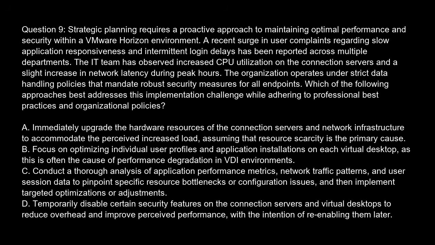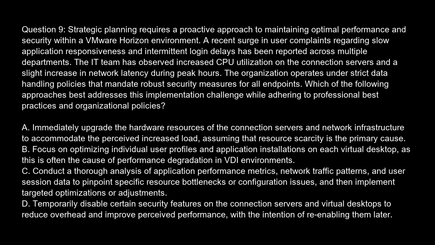Option A. Immediately upgrade the hardware resources of the connection servers and network infrastructure to accommodate the perceived increased load, assuming that resource scarcity is the primary cause. Option B. Focus on optimizing individual user profiles and application installations on each virtual desktop, as this is often the cause of performance degradation in VDI environments.